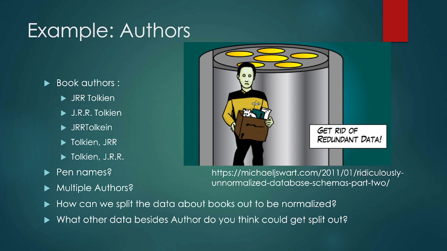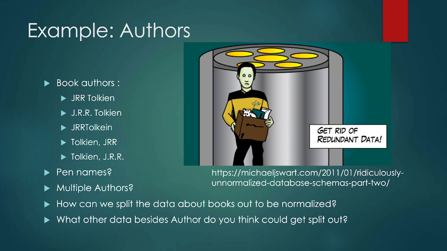And then every time that is showing up in our books table, we would just be able to say, author ID 1. And then if we needed to update it because we've decided we actually want it to be Tolkien, J.R.R., I would only have to update it in a single place in our authors database instead of needing to go and find every book that J.R.R. Tolkien has written.